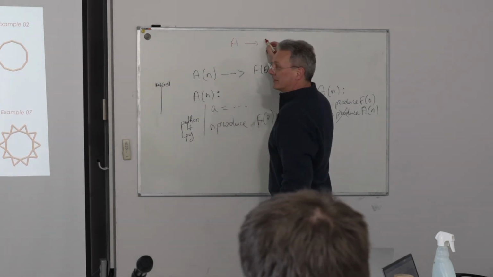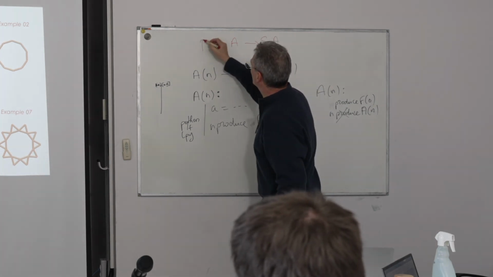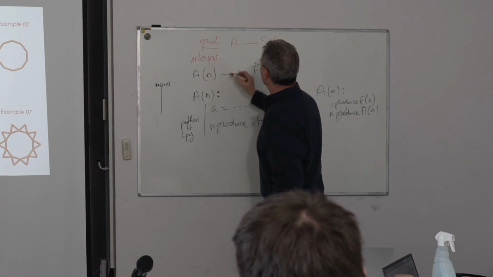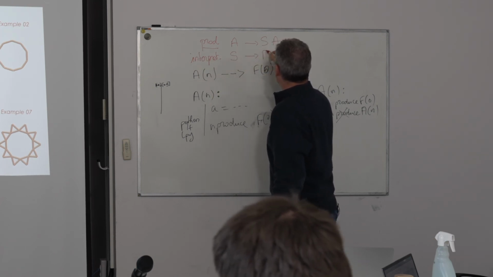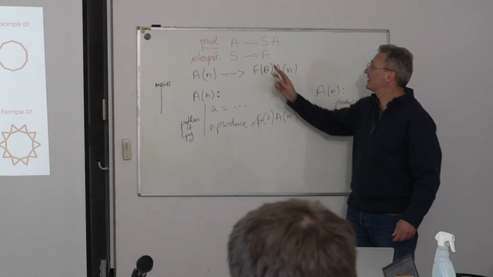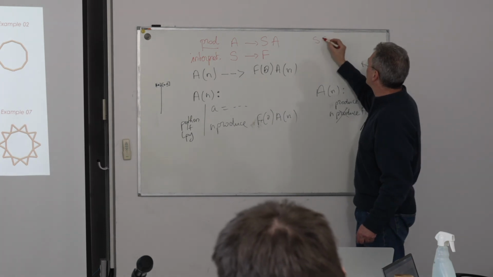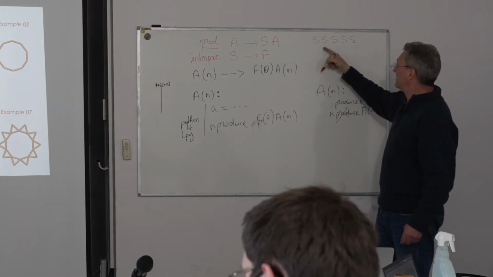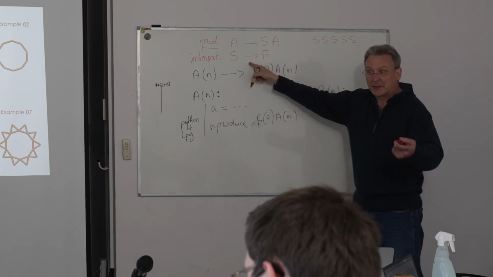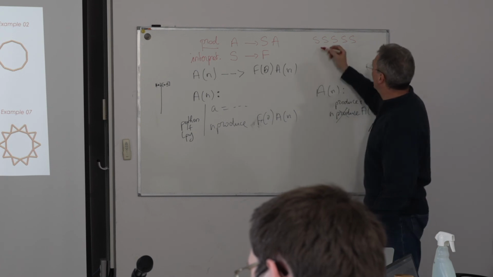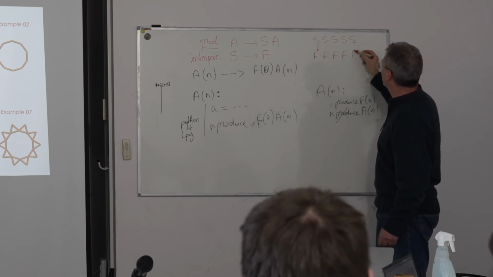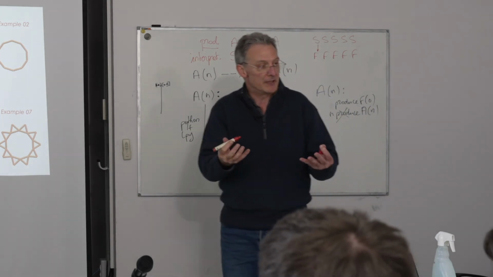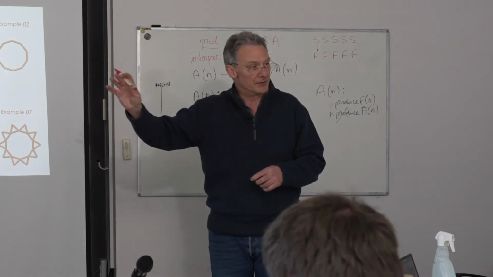A gives SA, so this would be one production rule, and then there would be an interpretation rule, which would mean S should be interpreted as an F. Okay, so this would produce a list of S when I apply derivations, and then if I reread this part and I interpret it with this other type of rules that are called interpretation rules, I transform this as F, F, F, F, F. And then I have separated the inner part of the system which has no geometric meaning from the outer part of the system which could be interpreted by the turtle.